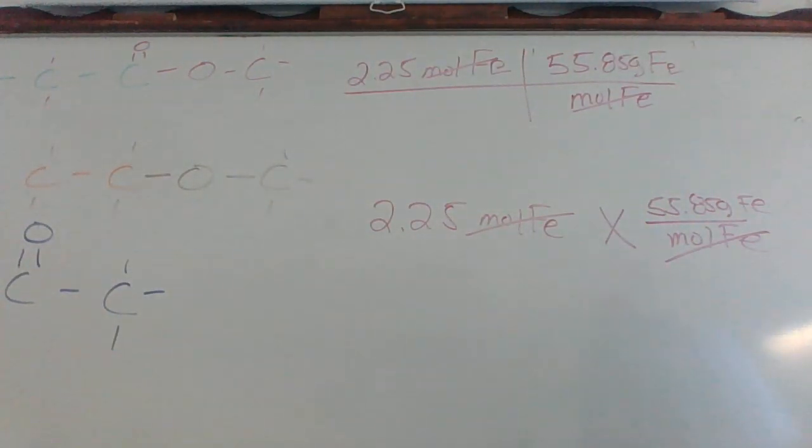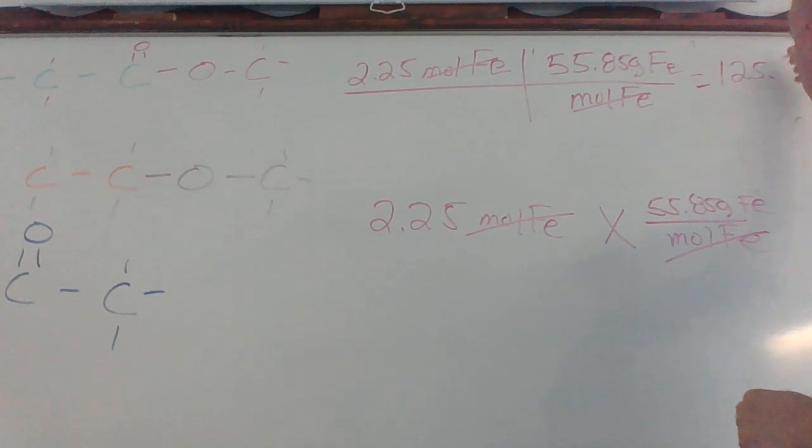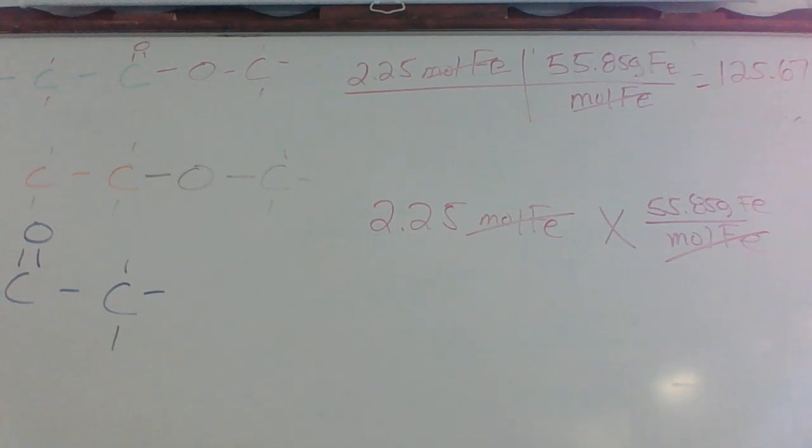The author says 126, but we're going to do 125.67. The reason for that is we're rounding to the nearest hundredth. Every time, round to the nearest hundredth.